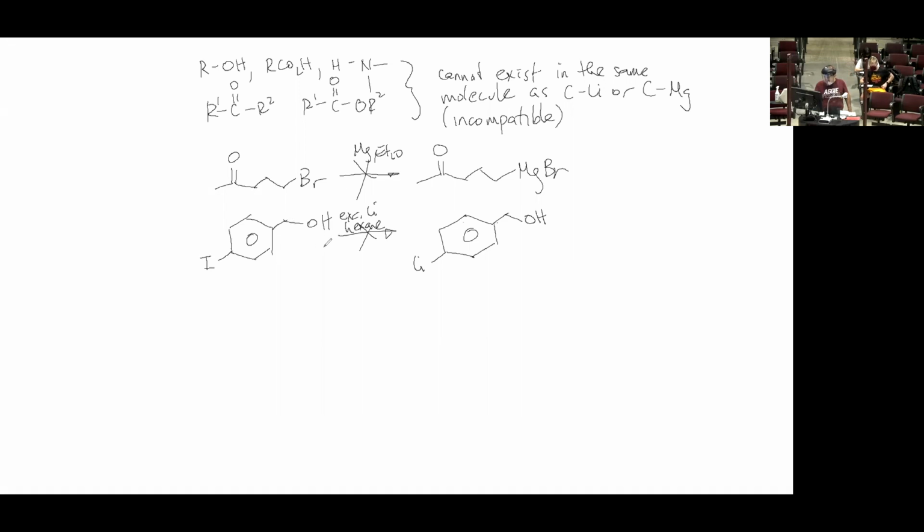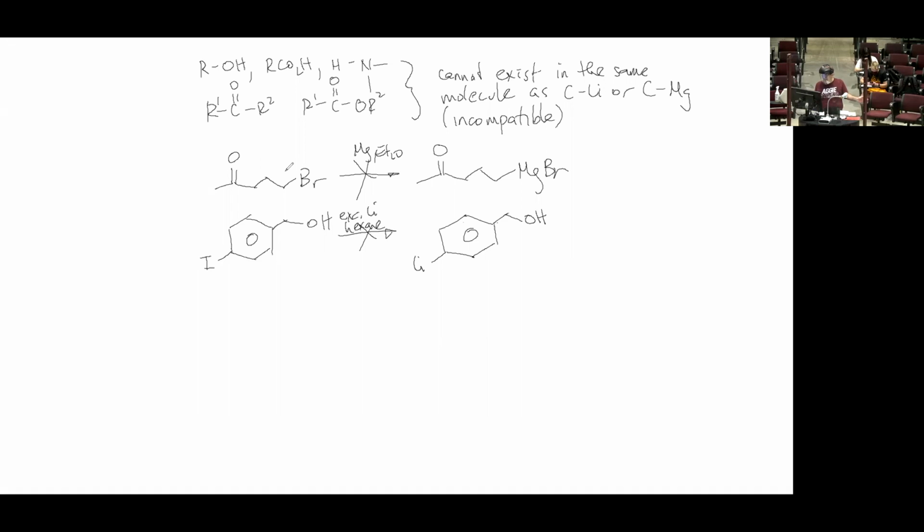So let's say that for whatever reason, I'm some lab worker at Eli Lilly or whatever pharmaceutical company you want, and I need to make an organometallic. I need to make an alkyl lithium or a Grignard reagent in that carbon-iodine bond.